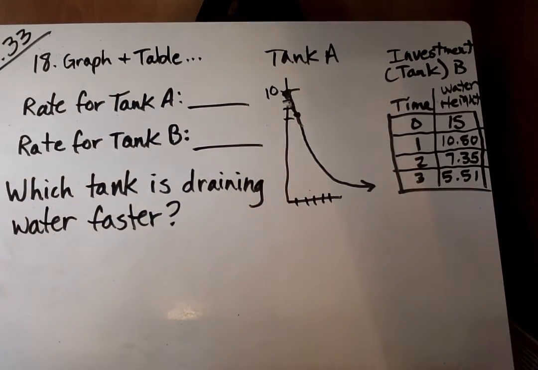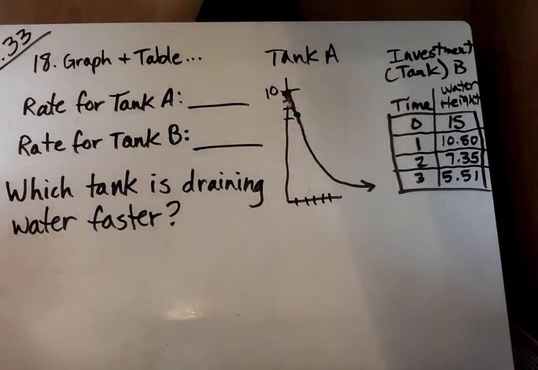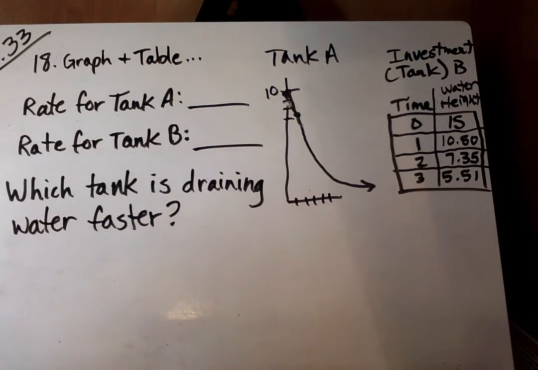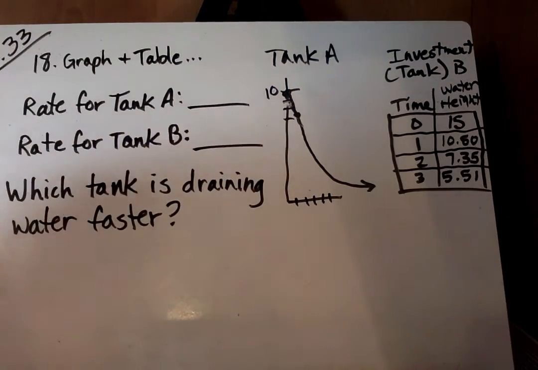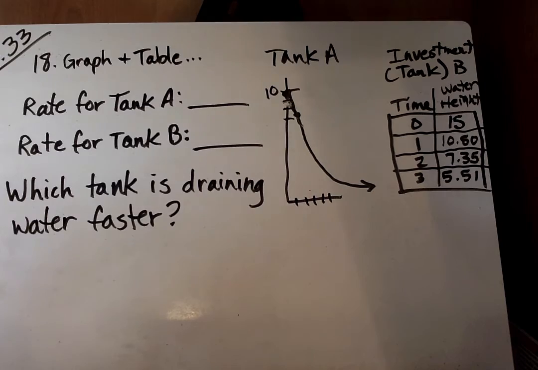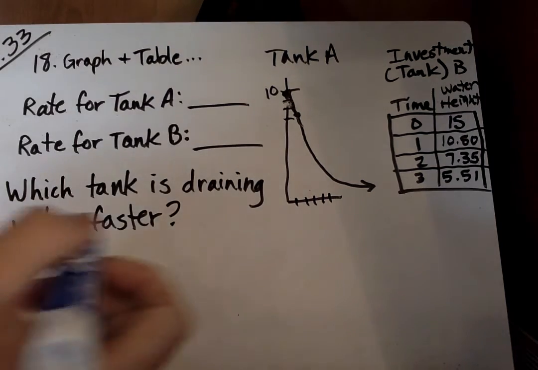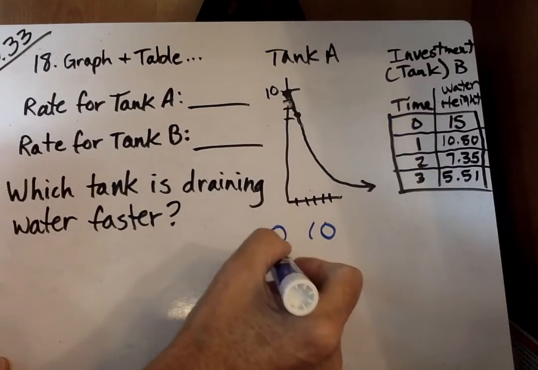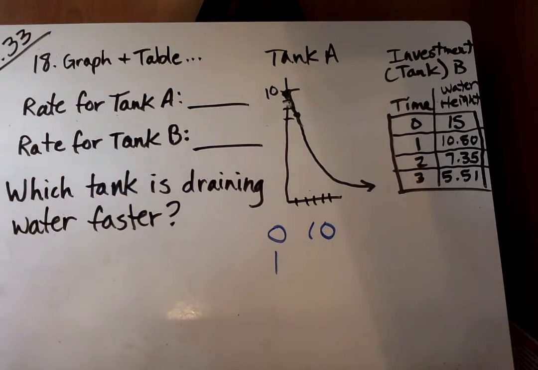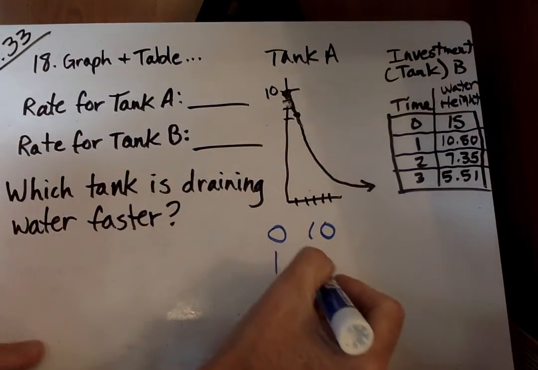Okay, it says the graph and table represent the decrease in the water level in 2 tanks. We need to figure out the rate for tank A and the rate for tank B. Which tank is draining faster? Okay, so on tank A, we have 0, 10, and 1 looks like 7.5.